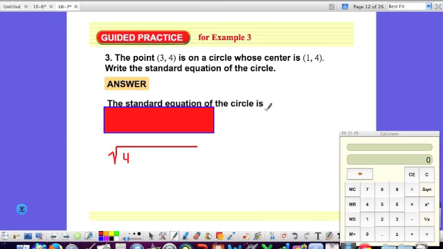The square root of 4 is 2, so the radius equals 2. So now, x, and the center is 1, so x minus 1 squared plus y minus 4 squared is equal to the radius squared, which is 4.